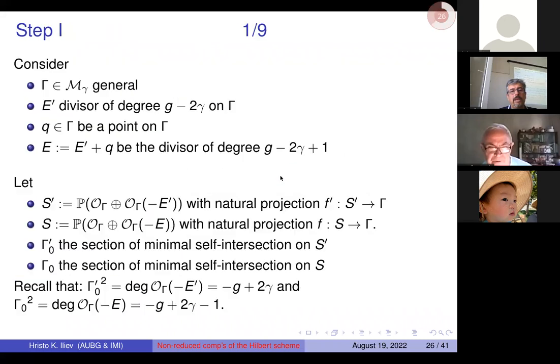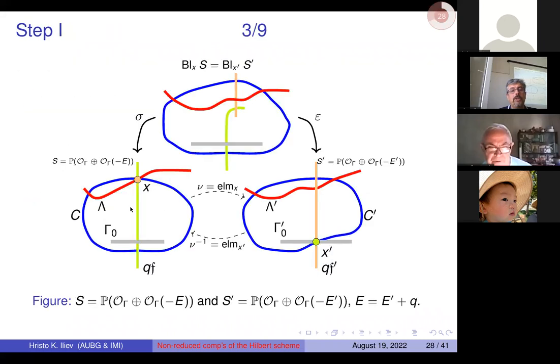These can be seen as images of the curve C, you see here in blue, then C prime that you see here in blue again on the root surface S prime.